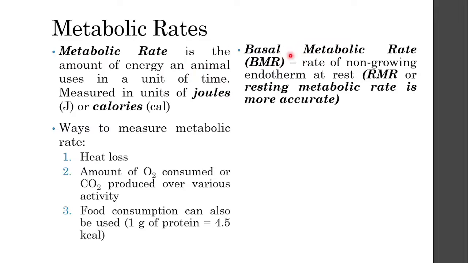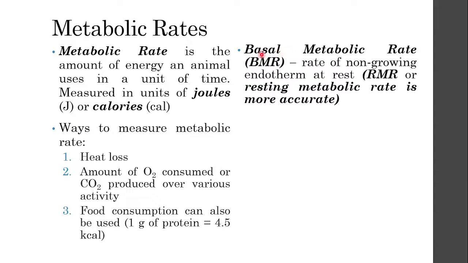We call that the basal metabolic rate for endotherms. There are actually two ways to measure our minimal metabolic rate. One is the basal metabolic rate, and the other one is the RMR, or the resting metabolic rate. And actually, RMR is more accurate. Basal metabolic rate is very constricted.